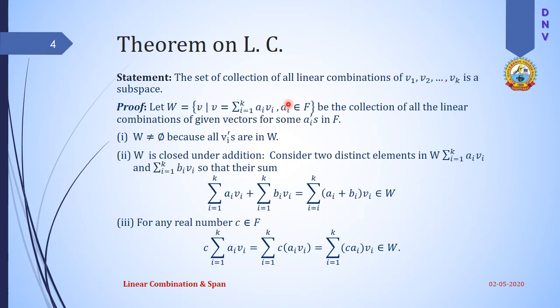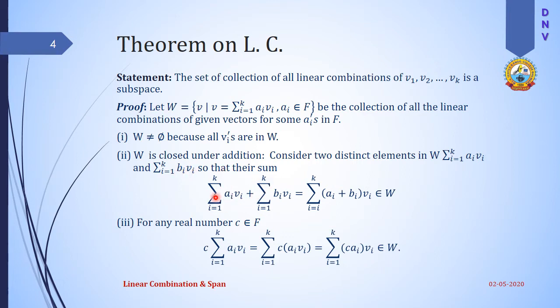What we can change is the value of these constants. That is why, in making two different elements in this set of linear combinations, we have to change ai and bi. And that is why we have taken the linear combinations, i equal to 1 to k, aivi and i equal to 1 to k bivi, so that their sum.